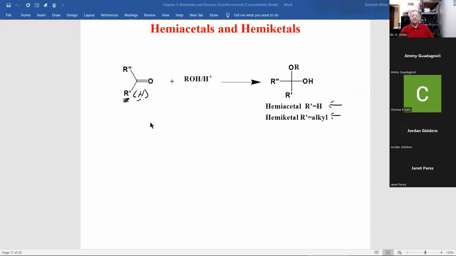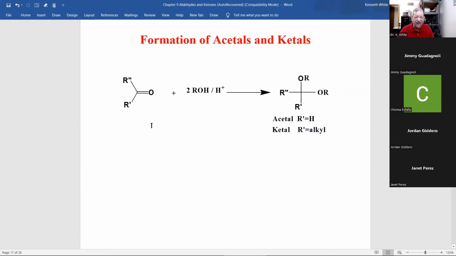All right, now we have just gone through this reaction, ketone or aldehyde with one molecule. Remember, when there's no coefficient here, it's one molecule of alcohol with acid catalyst. What happens if you react it with two molecules of alcohol? This is how Mother Nature forms starches.